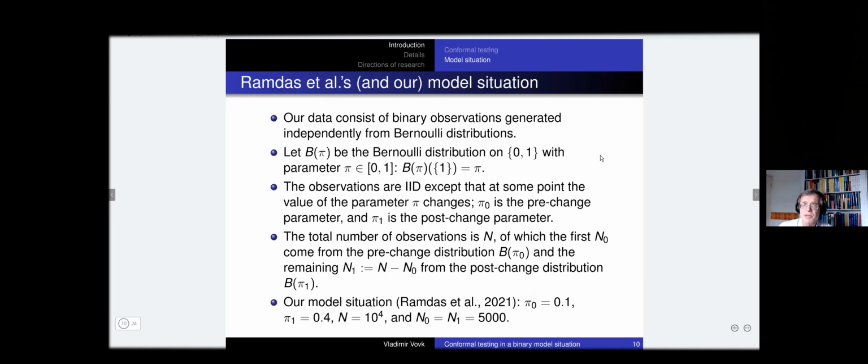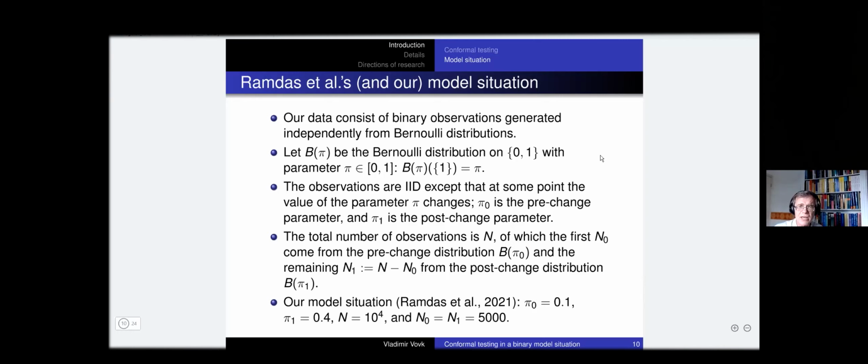So here, let me describe this model situation first. The research program is to consider all kinds of model situations and see if conformal test martingales perform well, if they can reject the IID assumption when it ceases to be true.